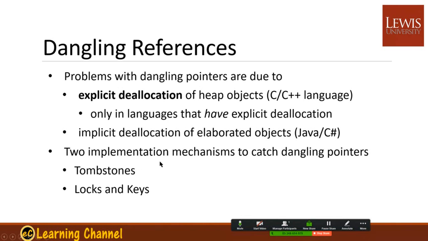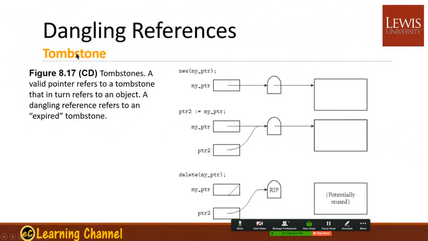we call it garbage. Two implementation mechanisms are used to catch dangling pointers: one is tombstones, the other is locks and keys. Here is the tombstone method. A valid pointer refers to a tombstone, and a dangling reference refers to an expired tombstone.